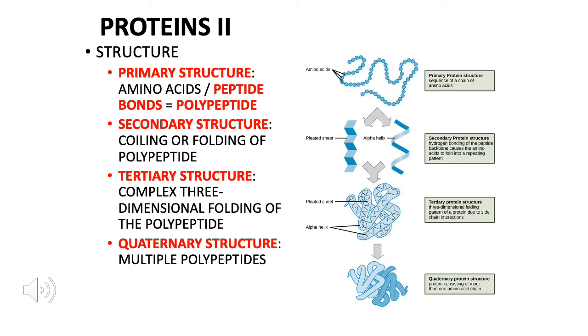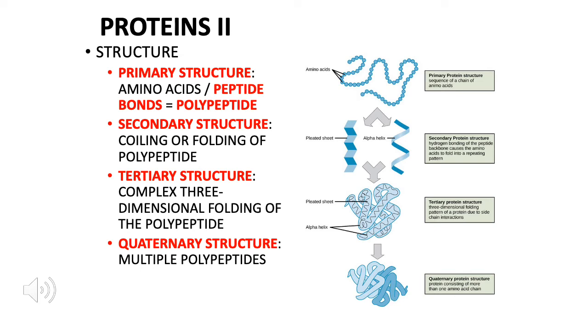Those can be ionic bonds, those can be hydrogen bonds, they could be hydrophobic attractions between parts of amino acids that are nonpolar. There's a variety of things that will hold that three-dimensional structure in place.